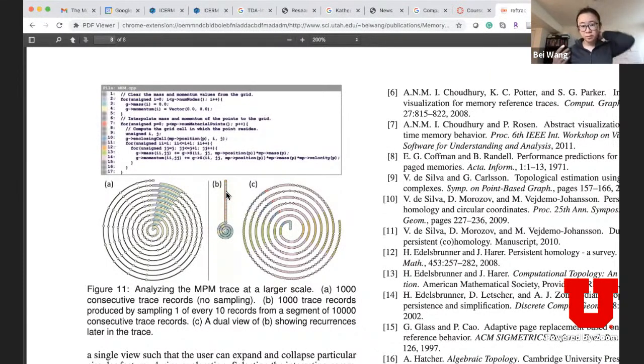One type of scalable approach in the memory reference case is actually quite straightforward: to subsample. You want to subsample the memory reference trace so that it becomes a point cloud of a size that is reasonable to be handled by persistent homology.